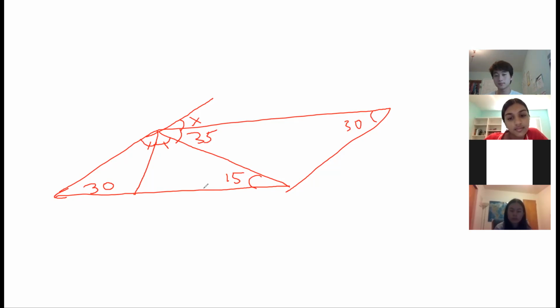You guys solve this? Wait, is that 15 or is that 150? Which one? The one to the right. It's the 15. Okay.